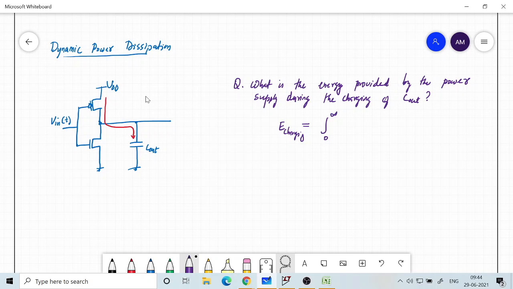The voltage given by the power supply is VDD, and the current given, this current, let's call it I charging, into dt.